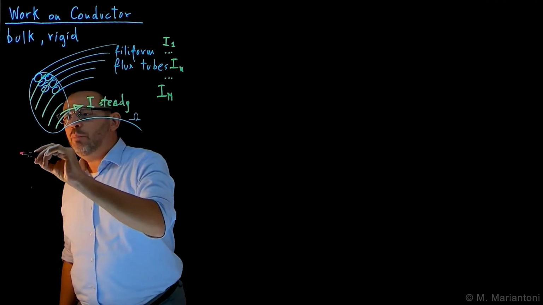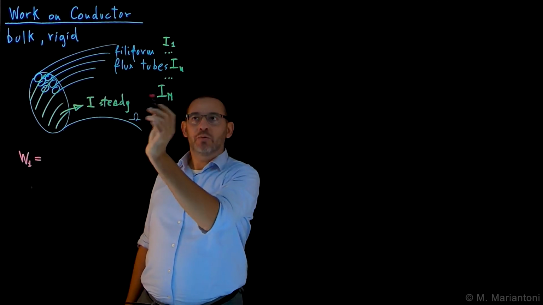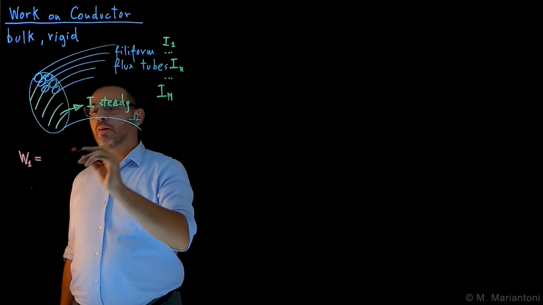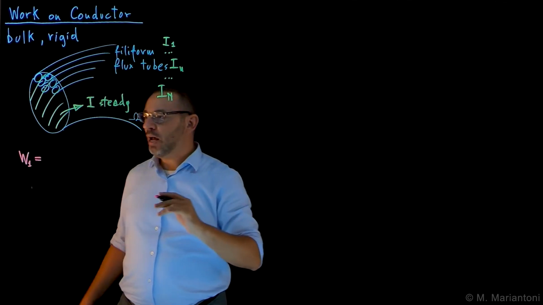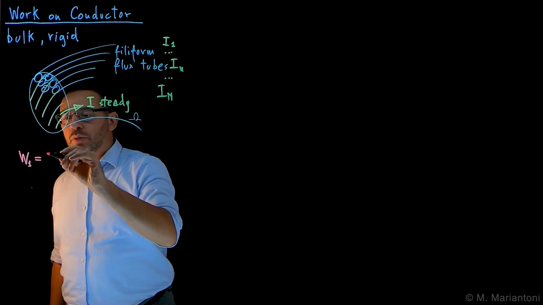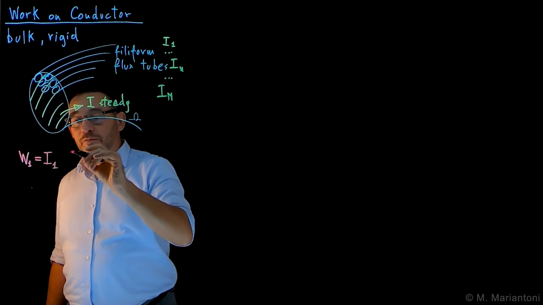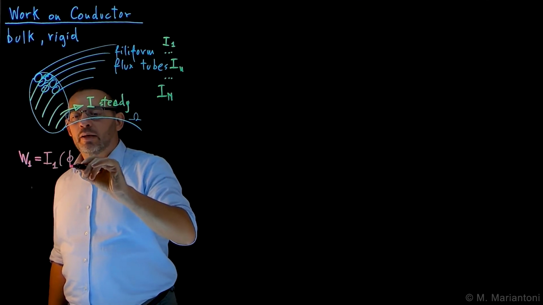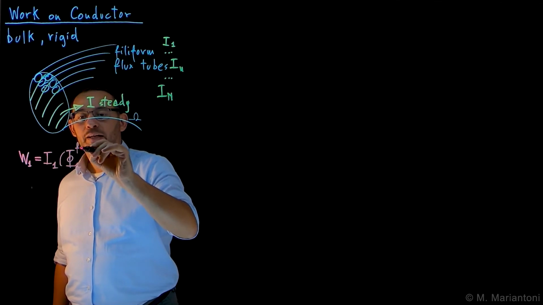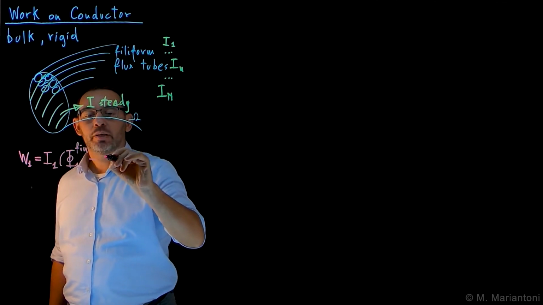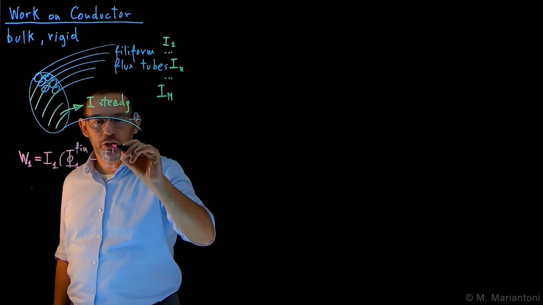So the work W1 associated with the first wire, which is one of these filiform or quasi-filiform flux tubes, okay, should be again an infinite set, but I just consider a very large number for simplicity, is going to be the current carried by that wire times the flux difference between the flux linked with that wire at the final configuration minus the flux linked with that wire 1 at the initial configuration.